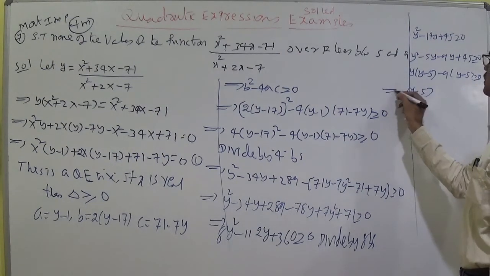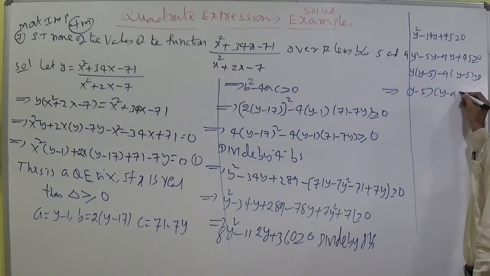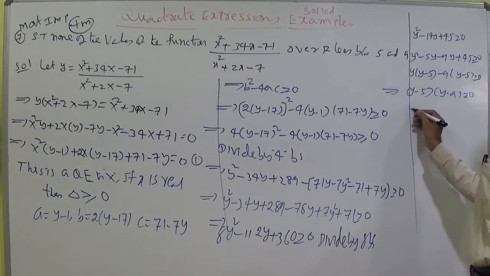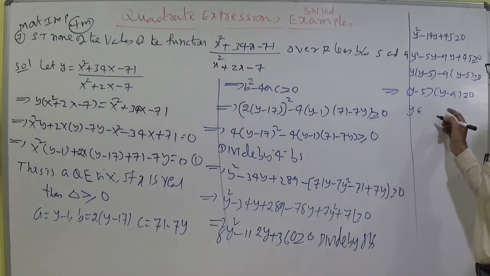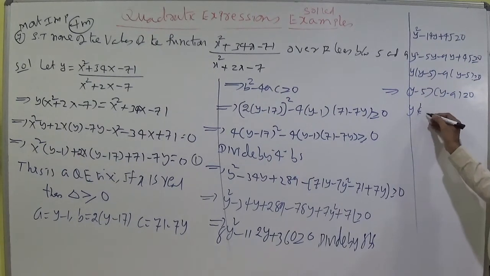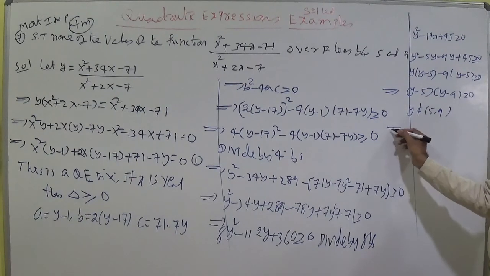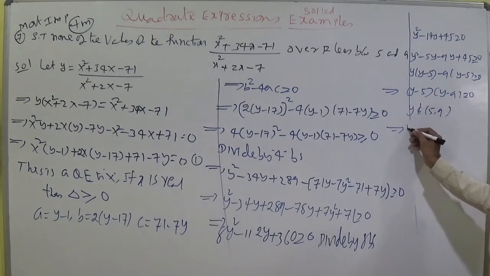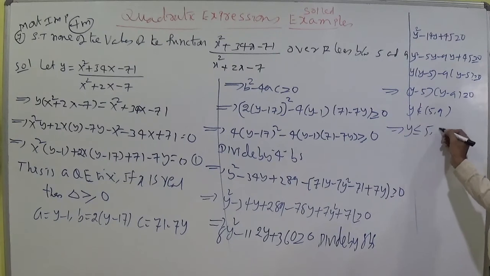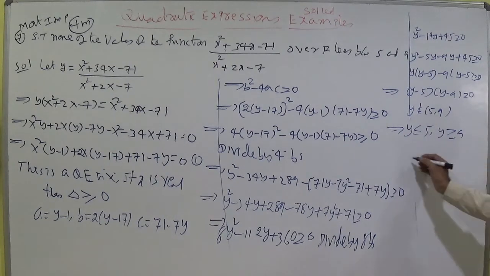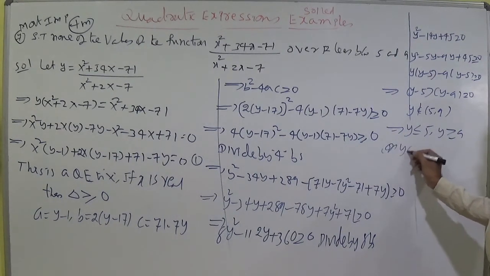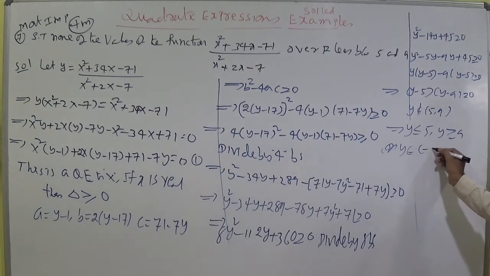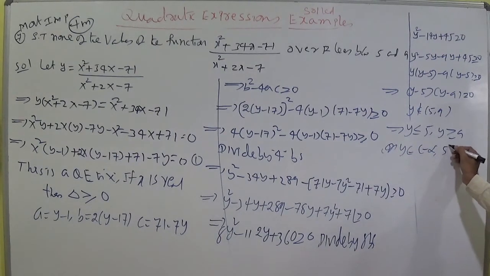Next step, y minus 5 into y minus 9 greater than or equal to 0. Whenever it is greater than or equal to 0, y does not belong to the open interval 5 comma 9. That means y is less than or equal to 5, or y is greater than or equal to 9, or y belongs to minus infinity comma 5 closed, union 9 closed, infinity open.